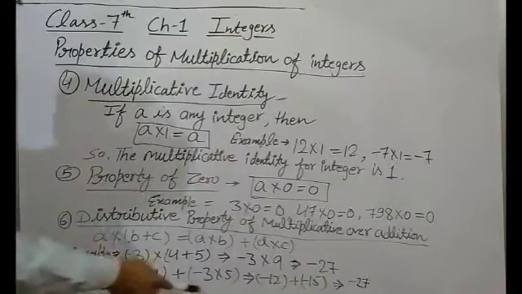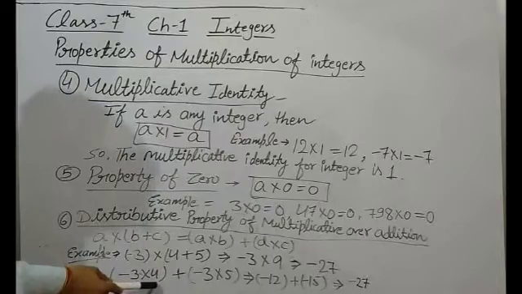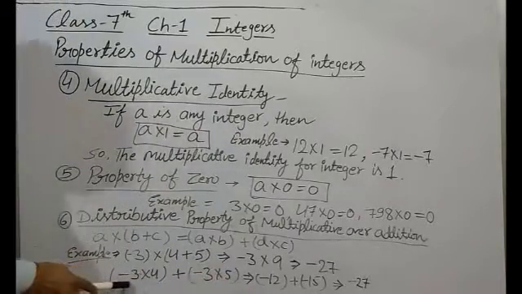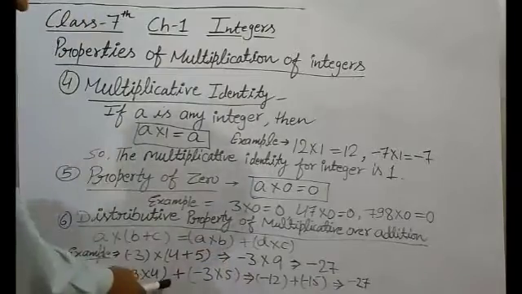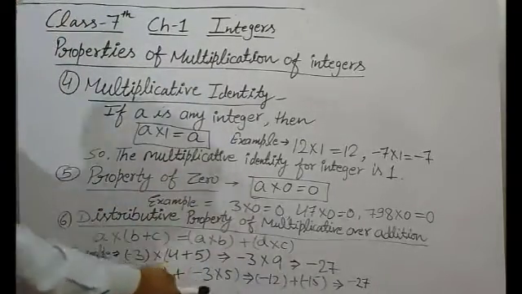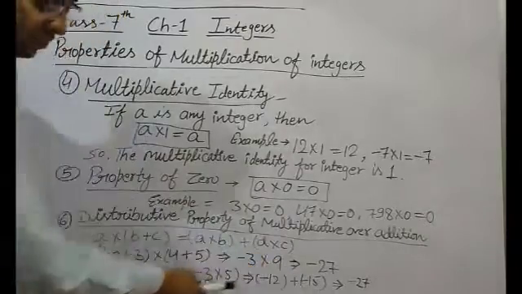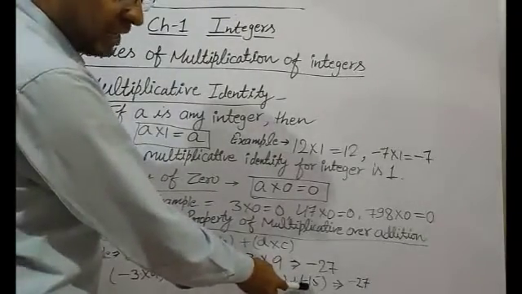So we solve separately, put brackets. -3 multiply 4 is equal to -12. 4 threes are 12. a is minus, so we put the sign of minus. Plus, so we write plus. Now 5 threes are 15. We write 15. Here is minus sign, so we put the sign of minus.